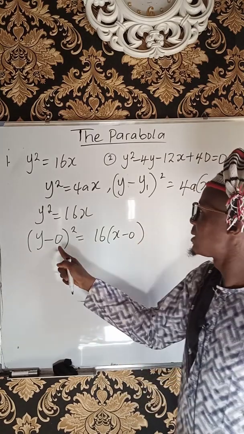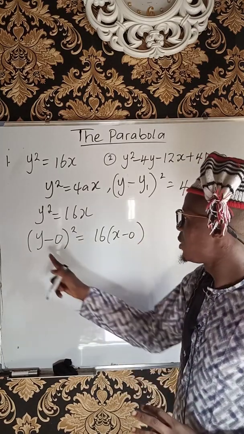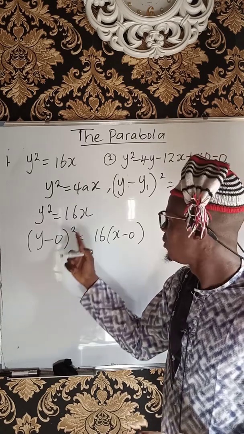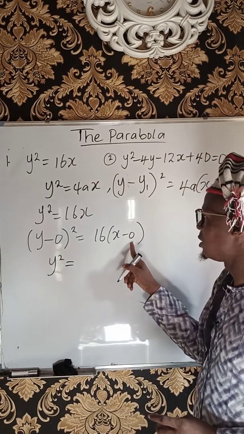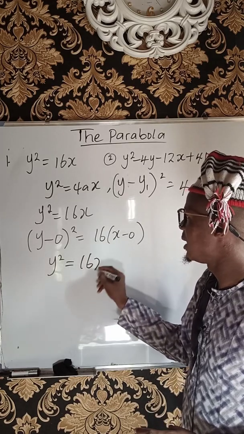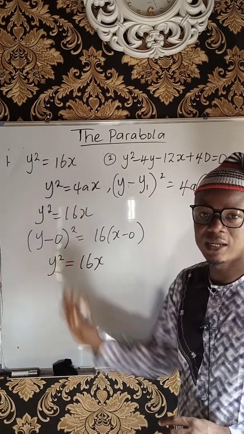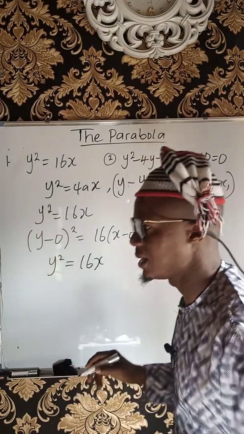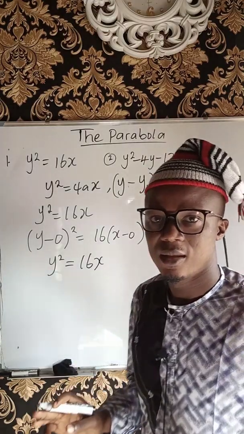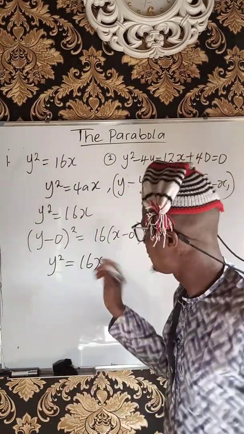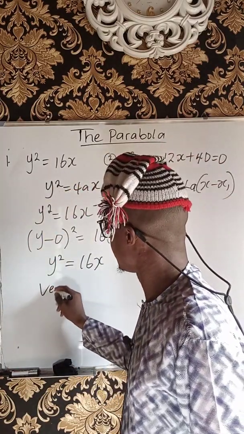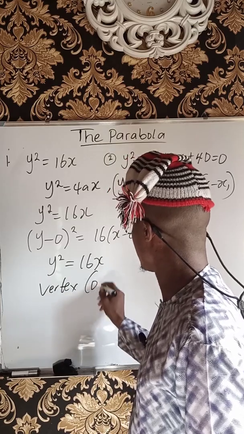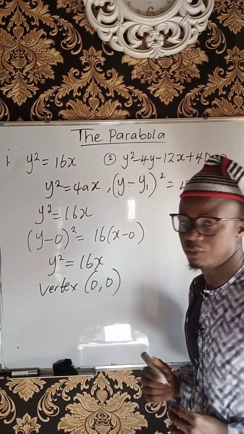Y minus 0 still gives y squared, and x minus 0 is x, and 16 times x is 16x. So whenever it is written like this, just know that the vertex is at the origin. Therefore our vertex is at 0, 0.